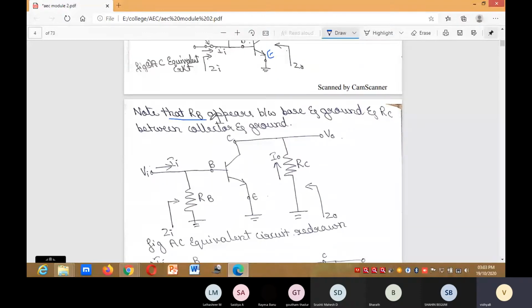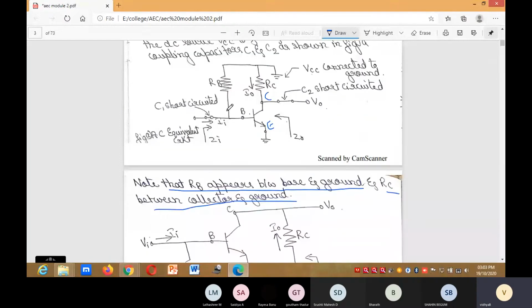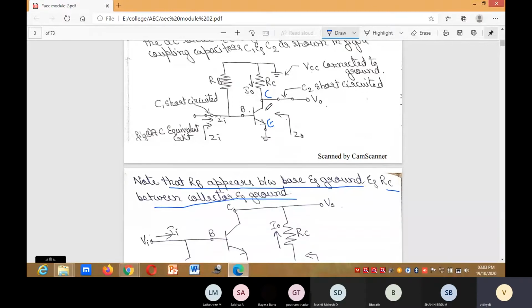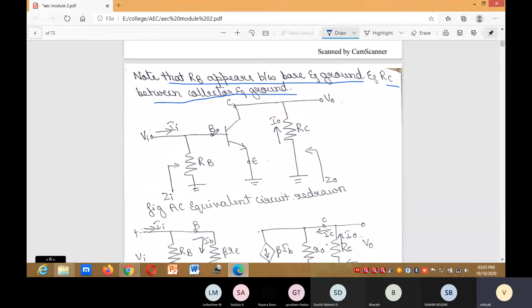Note that RB appears between base and ground and RC between collector and ground. So we will draw like this. RB: one end is connected to the base and one end is connected to ground.